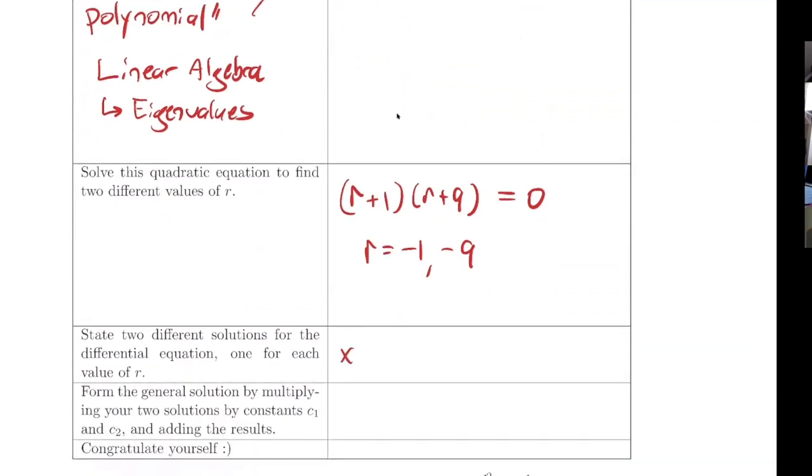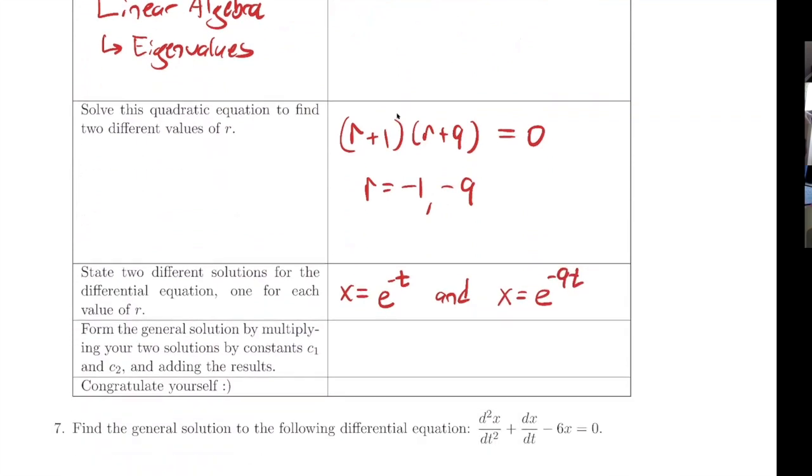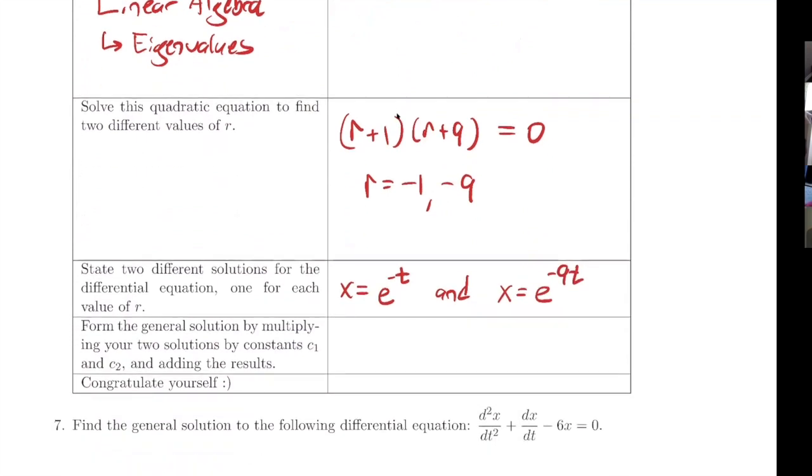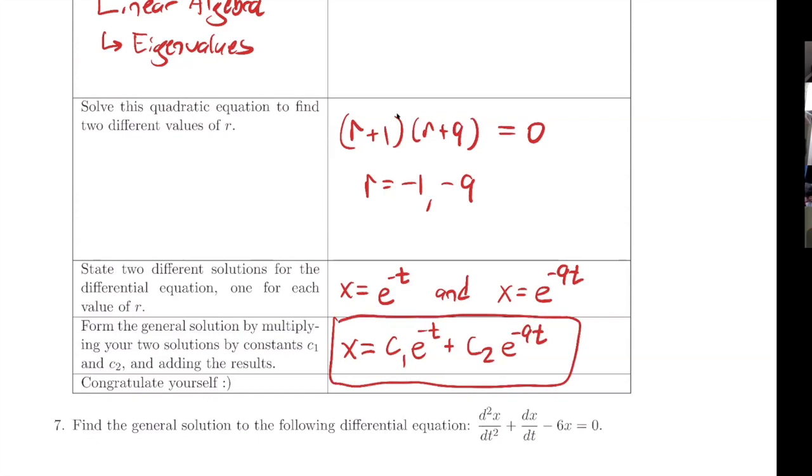That means that these would both work as solutions, and therefore any linear combination of those is also going to give us a solution. And down here would be our general solution.